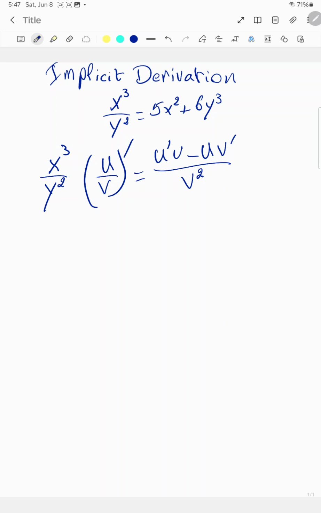Okay? In that case, my u is equal to x to the power of 3, so my u prime would be 3x squared. And my v is equal to y to the power of 2, and my v prime would be the derivative of y to the power of 2, which is 2y.